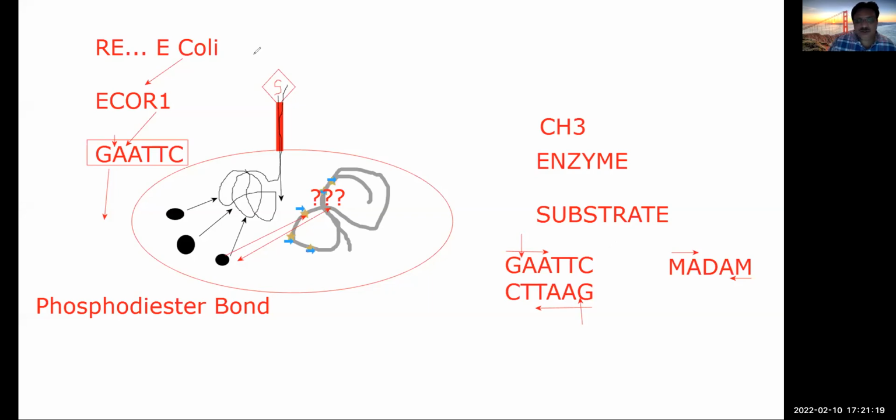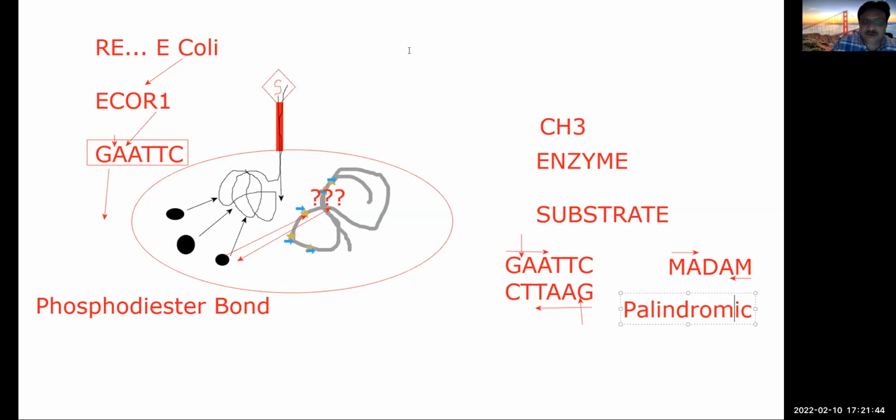Sequence will be same. Such sequences are called palindromic sequences, which can be read from both ends. So, restriction enzymes are the enzymes which cut the DNA somewhere in the middle.